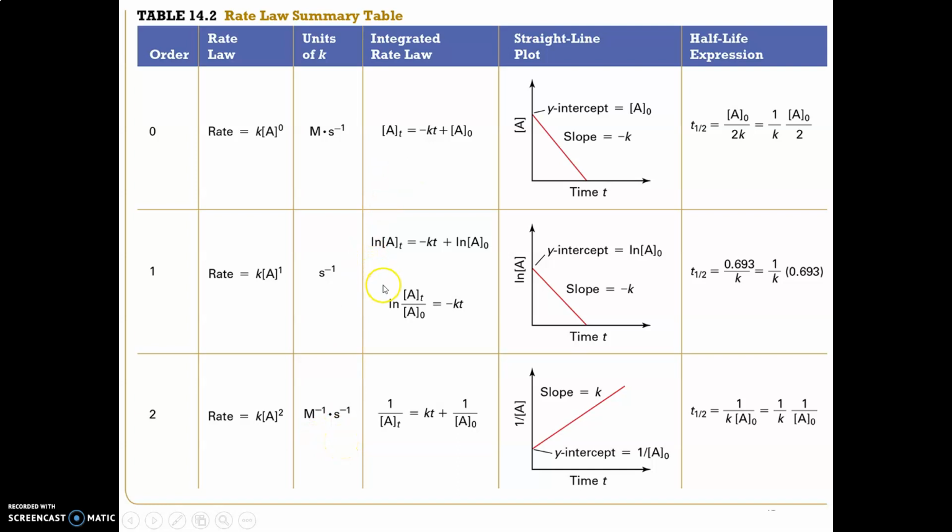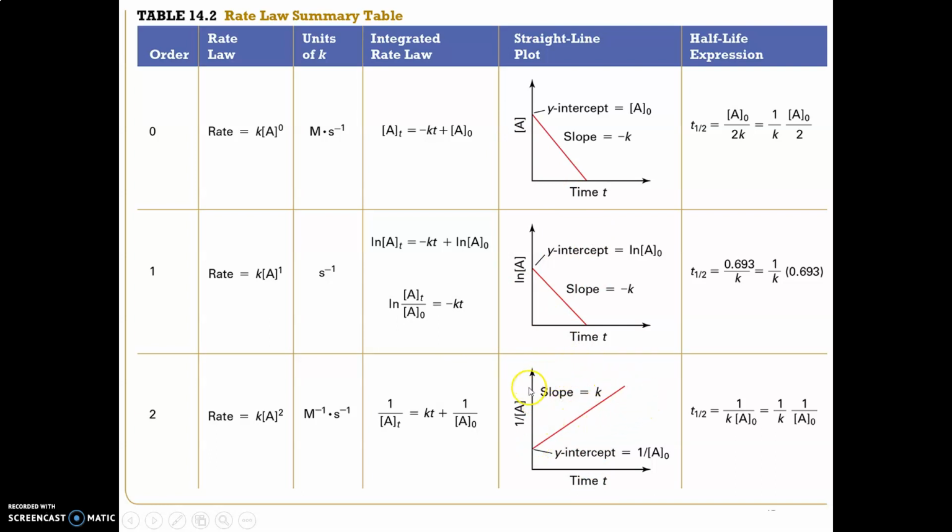These are the integrated rate laws. I don't expect you to do any math with this one. We didn't talk about this one in class. I do expect you to be able to do math with these two, but again, I told you you don't have to memorize them. These are some sample graphs of what they look like and what their slopes are equal to, right?